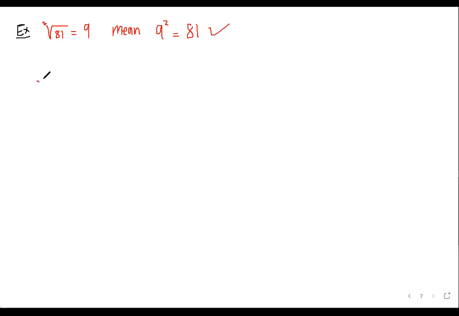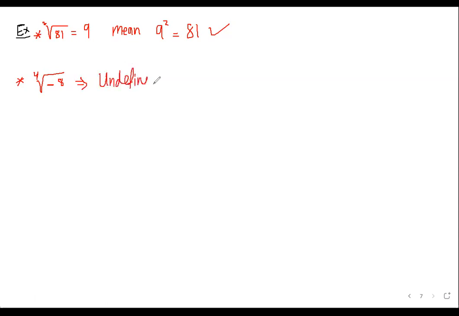What about something like this? What's the answer for the 4th root of minus 8 to the power 4? Yes, undefined, exactly.